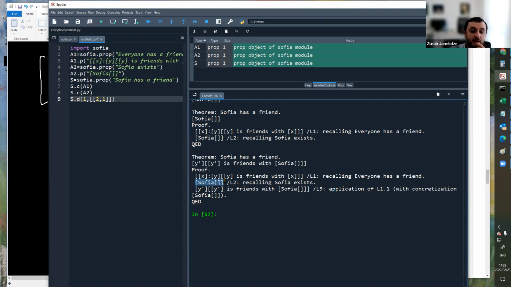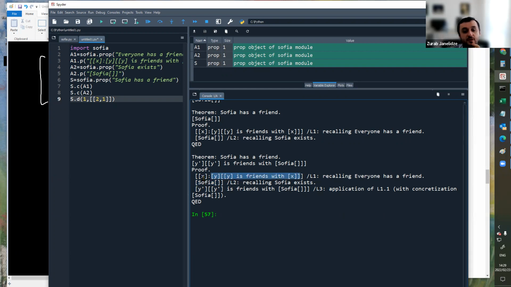So basically we're saying that I want to apply this fact that everyone has a friend in the specific case of Sophia. And so as a result of application, because the assumption part is already something we have guaranteed in the second line, the computer just returns for us the second half.